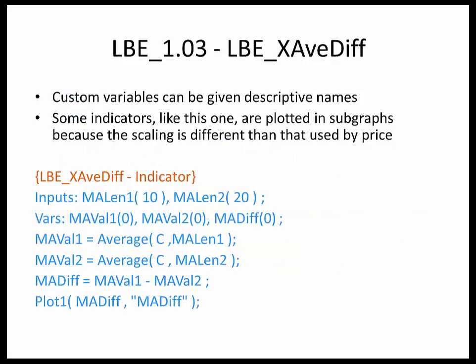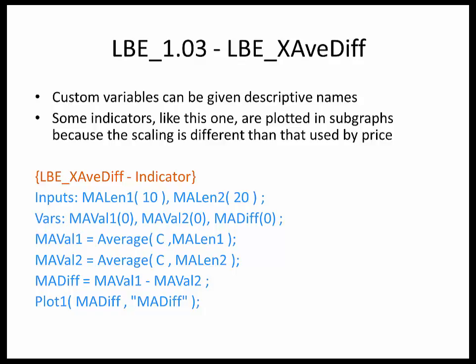The main benefit of using custom variables is that they can be given descriptive names, and this will become important in the long run. So take the time to avoid condition 1 or value 2 type variables.